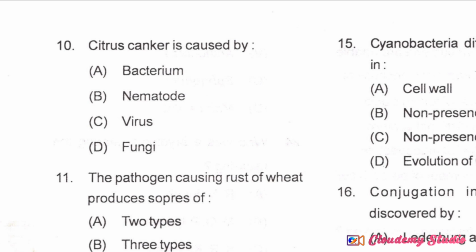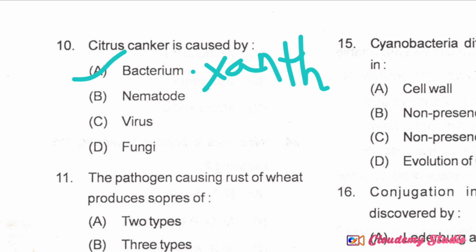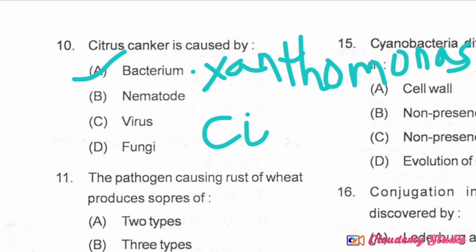So here the answer is option A, bacterium. The bacterium that causes citrus canker disease is named Xanthomonas citri.